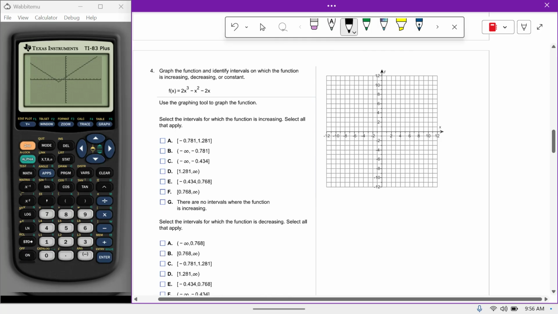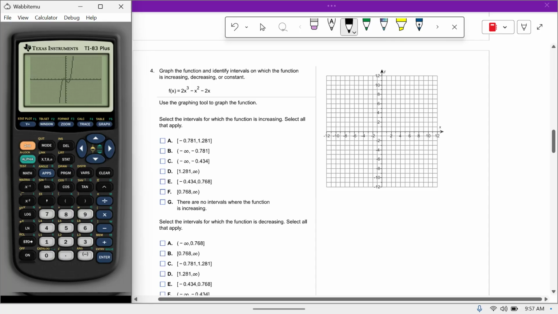If we look at this one, again, if you have a graphing calculator, let's use it. 2x raised to the third power minus x raised to the second power minus 2x. Now again, your calculators are much better than this, but here we go. All right, what do we got going on here?